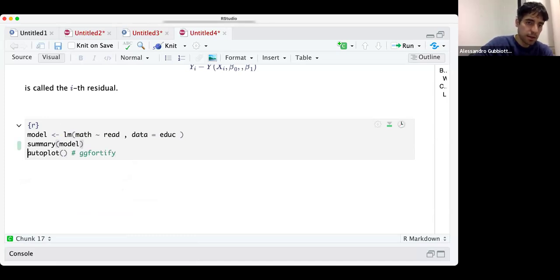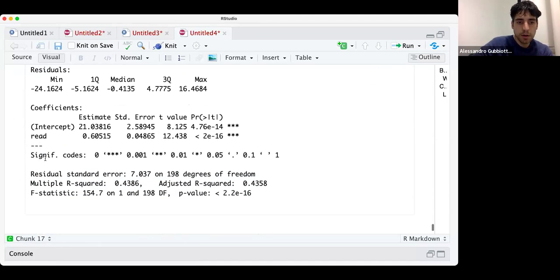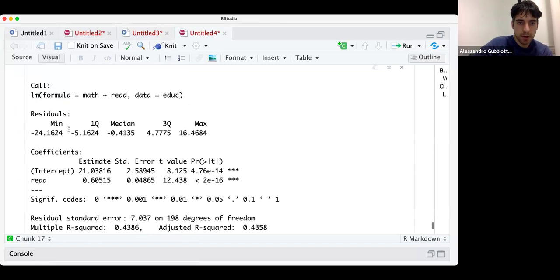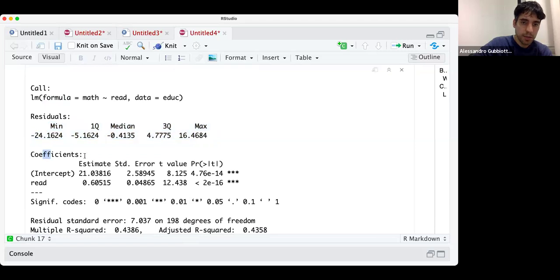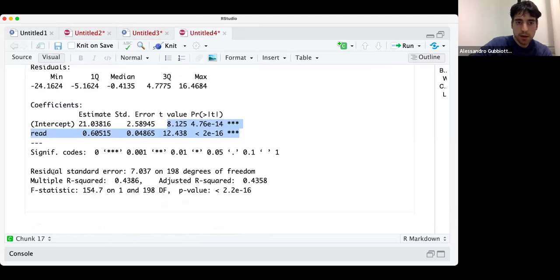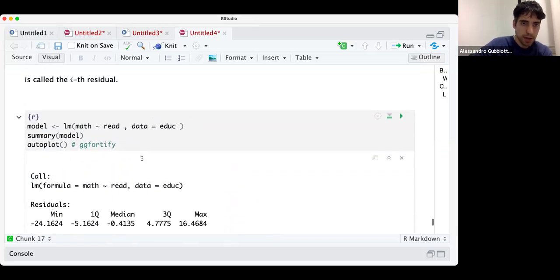So let me first look at the summary. It gives me a little bit more information. It gives me what I called, then the information on the vector of the residuals, then the coefficients beta 0 and beta 1. Then they perform some tests, I will come back to this, and some other statistics. We will go back to these quantities.